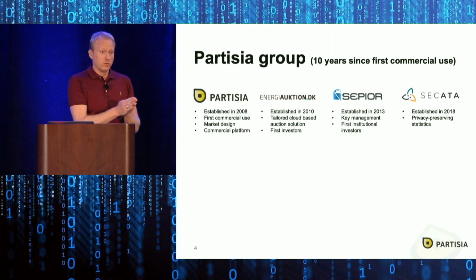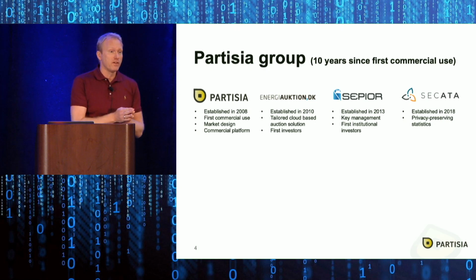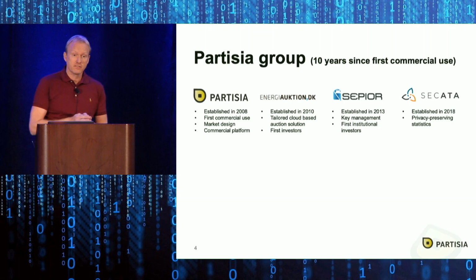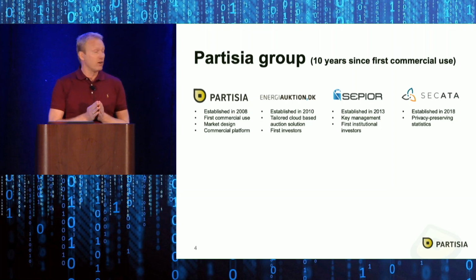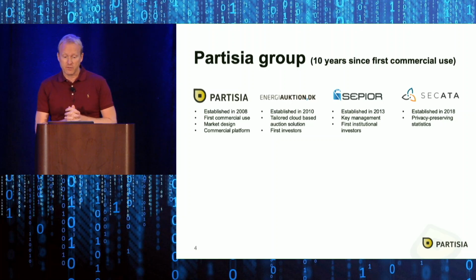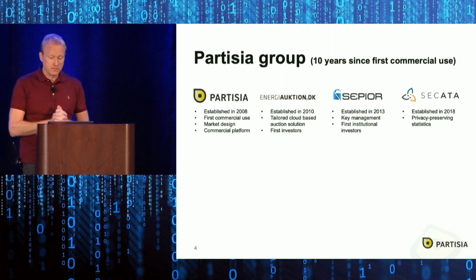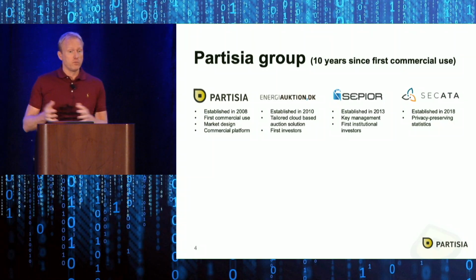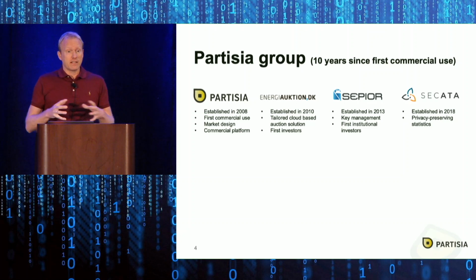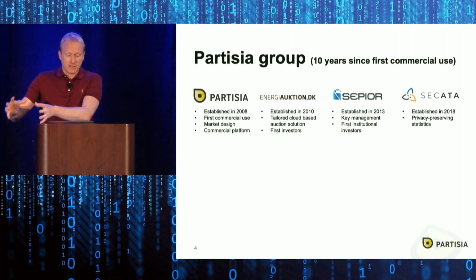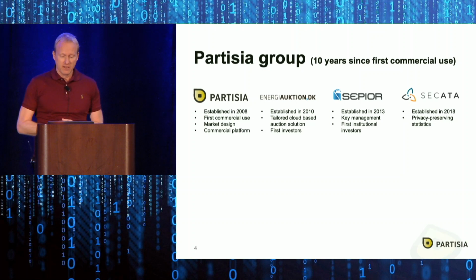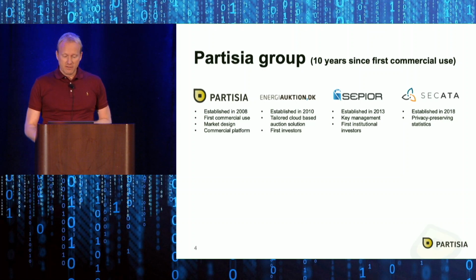But there were people who saw the use of having a distributed auction, and we found the first industrial investors, did a cloud solution on auction systems, and then we moved into key management, got the first institutional investors, and along the way we have been looking a lot at statistical solutions, which we have spun out into a separate company recently.